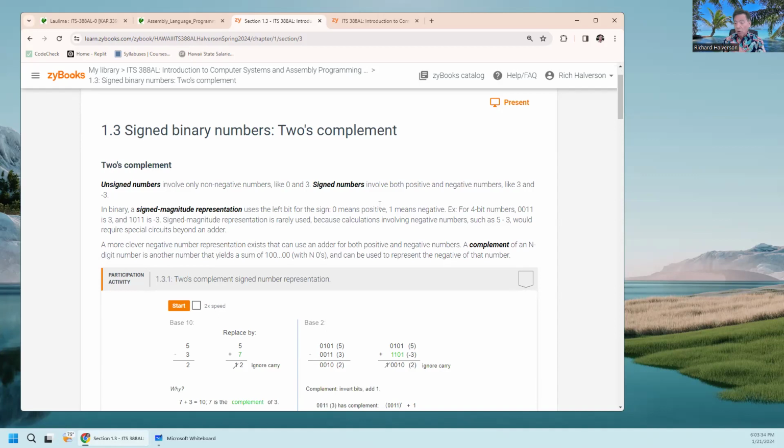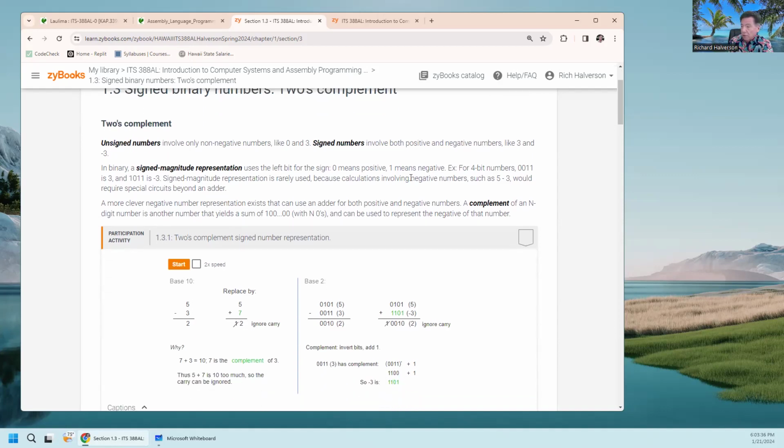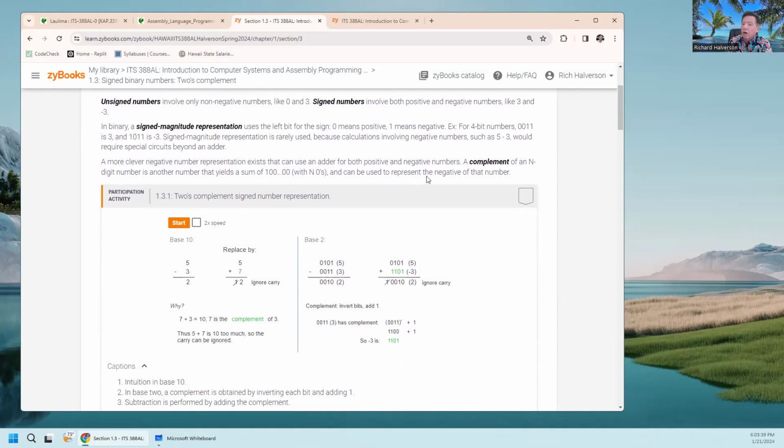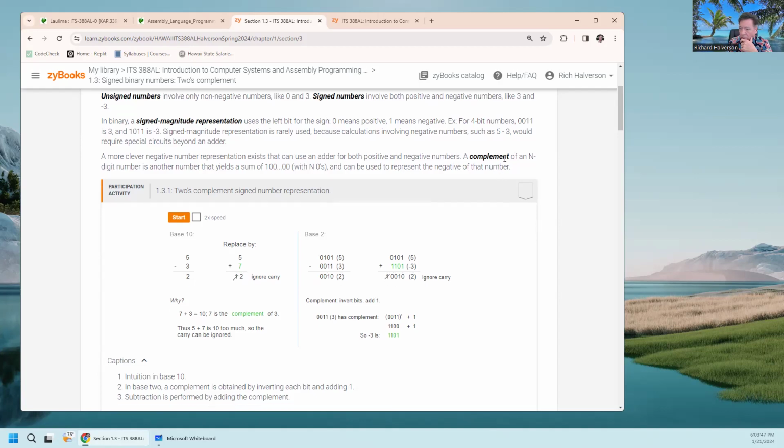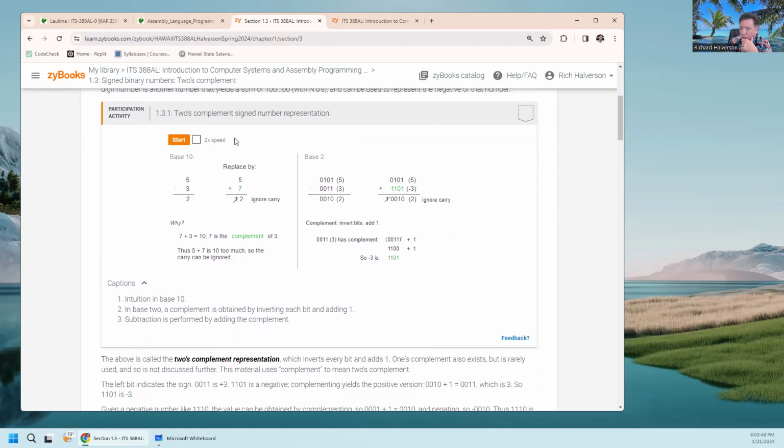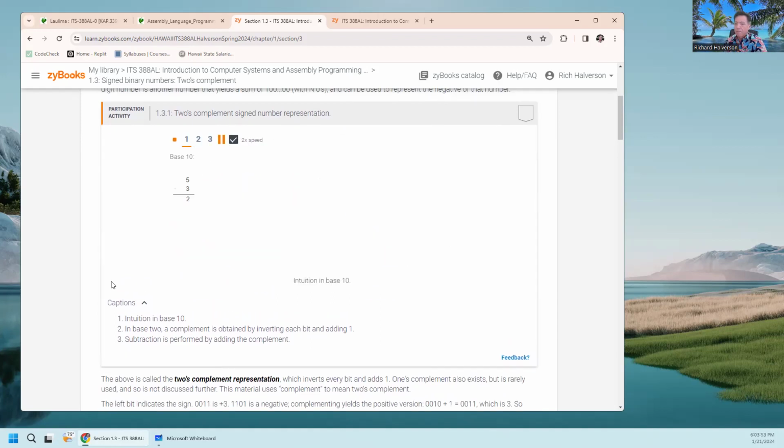I guess what we're going to see now is how we figure out what the 2's complement number is. Okay, so we don't do sign magnitude, we do complement. All right, so 2's complement representation. Let's go through this so we can see that. In base 10, 5 minus 3.